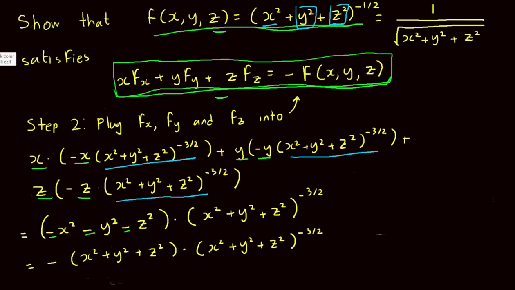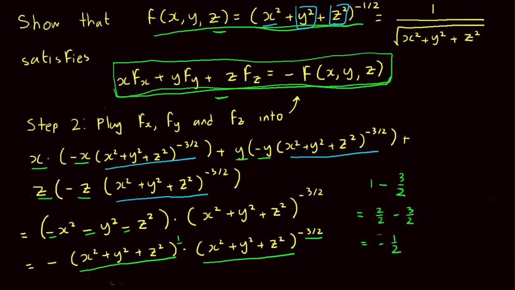So this becomes a very simple problem. We're just multiplying this. This one is a power of 1, and this is a power of negative 3 over 2. So 1 plus negative 3 over 2 is how much? 1 minus 3 over 2 is just simply negative half, right?